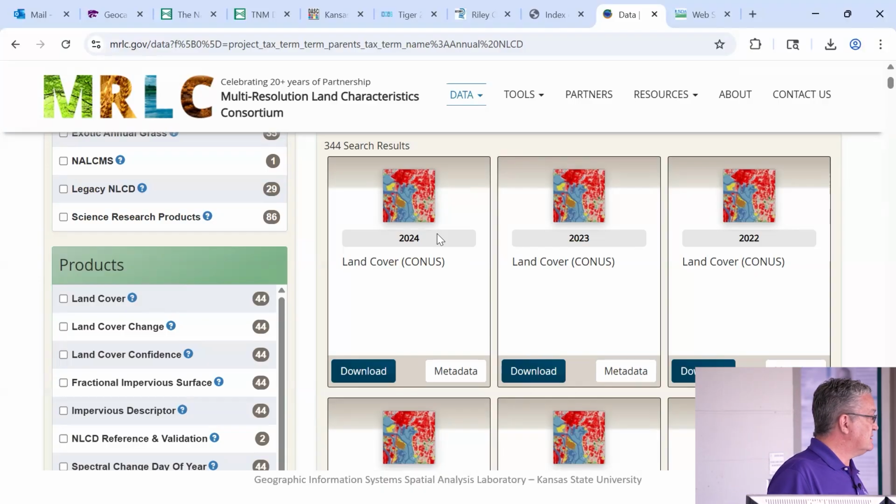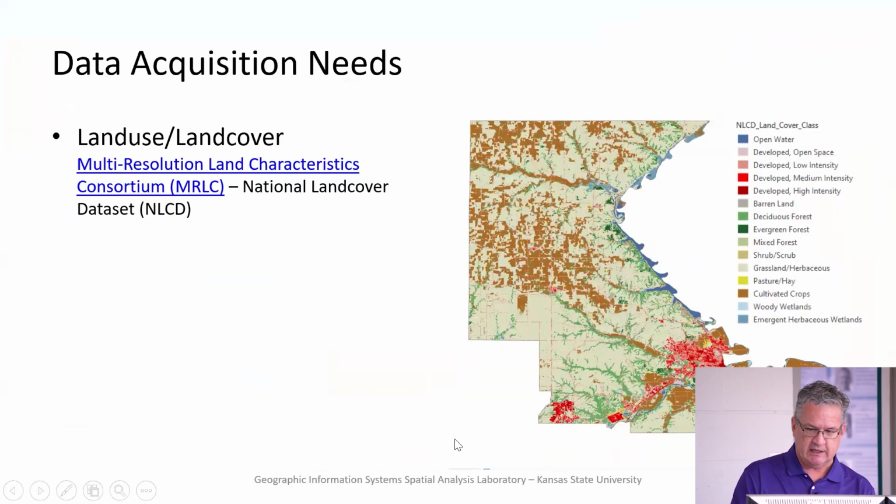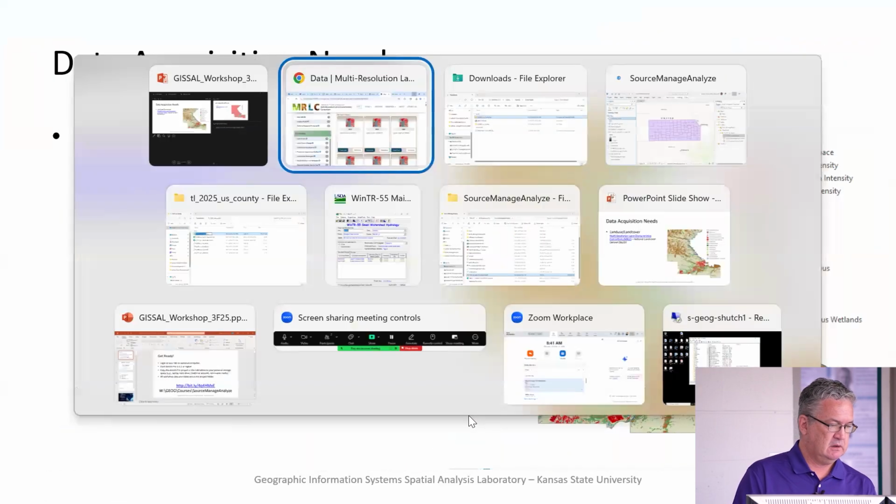The only difference is USDA has gone in anywhere where there's cultivated cropland in the National Land Cover Database. They're attempting to say what type of crop was grown there that year. Okay. So if I come back, I've done this download and pre-processing already. If I come back to ArcGIS Pro real quick, this is kind of fun.